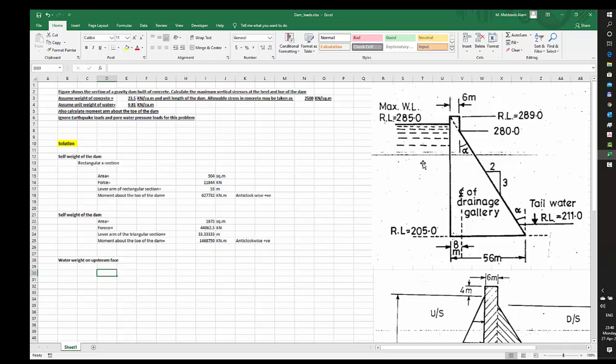Now this water is stored on the upstream side. I have minimum water pressure at the top and maximum at the bottom, so the line would be something like this. At the bottom, the maximum pressure would be, as we said previously, gamma of water into this height. Fine. So let us calculate this thing.